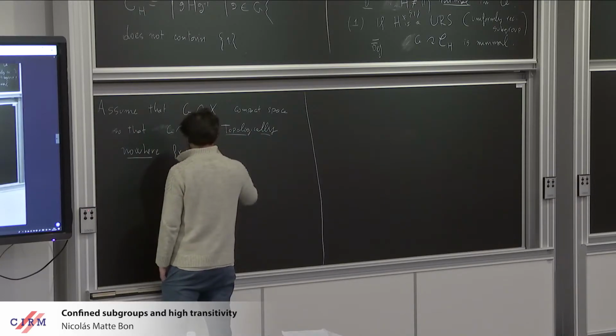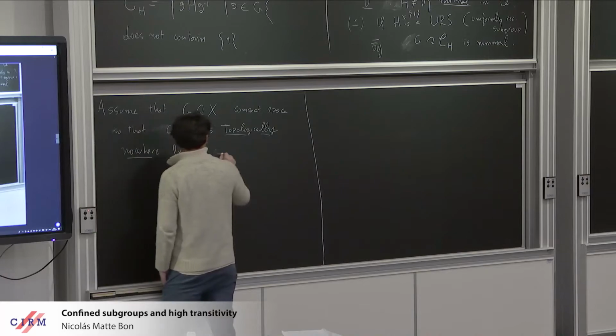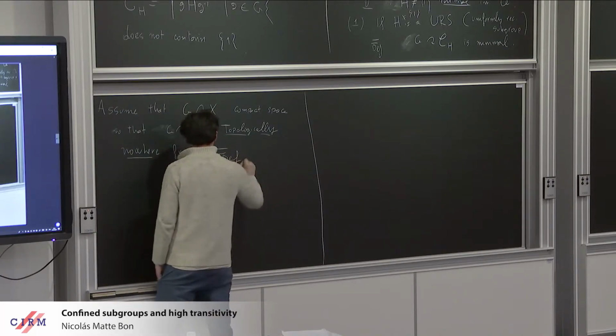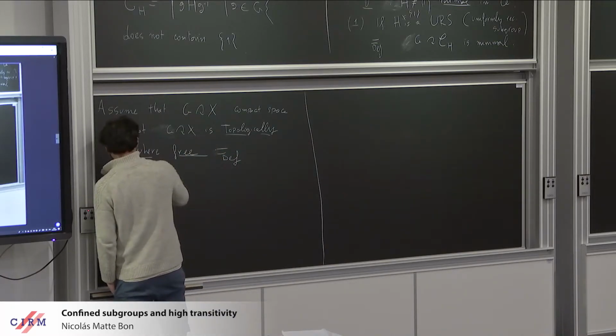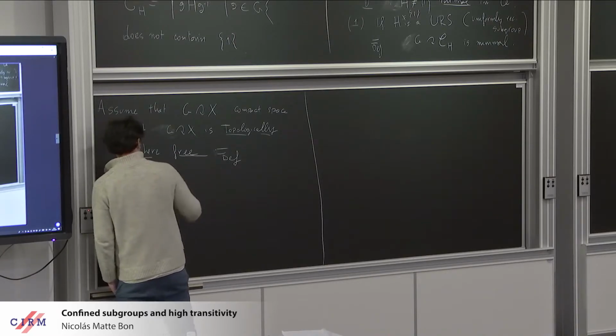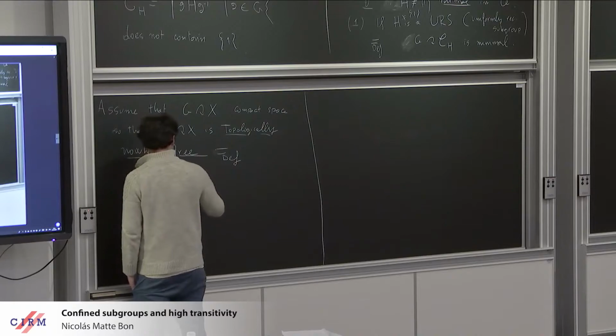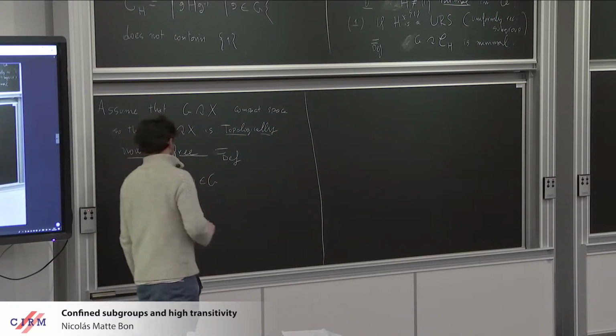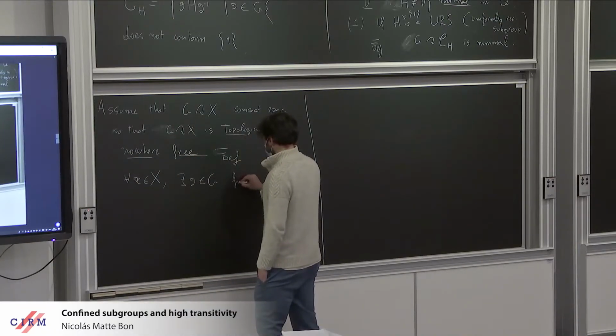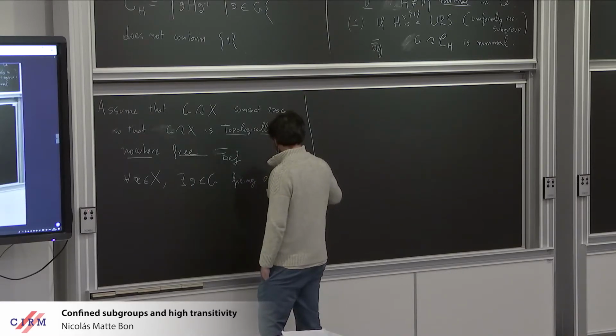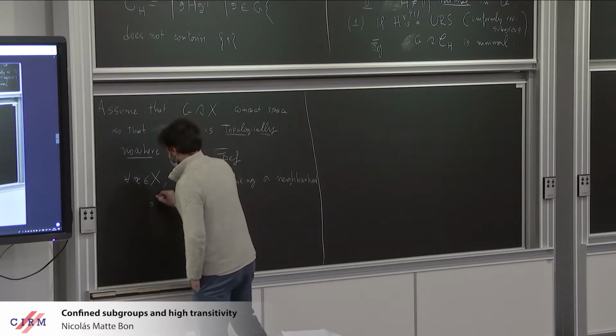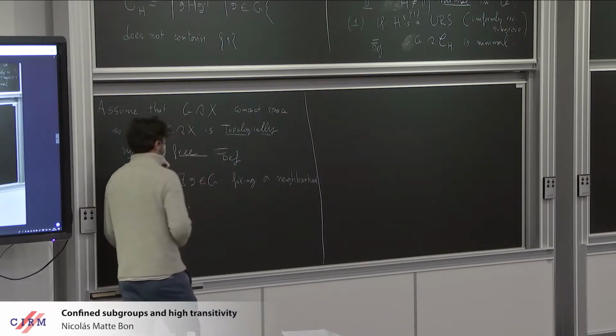This means, by definition, that for every point in X there exists g which fixes a neighborhood of x.